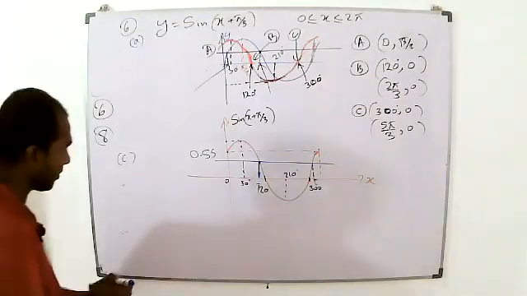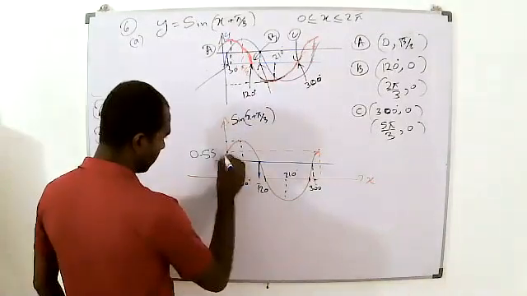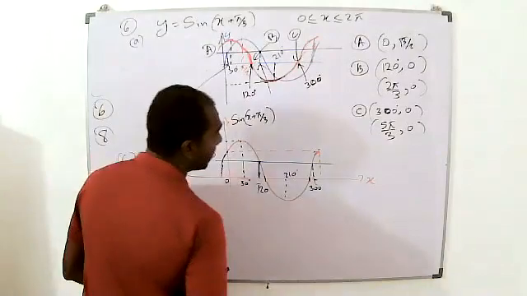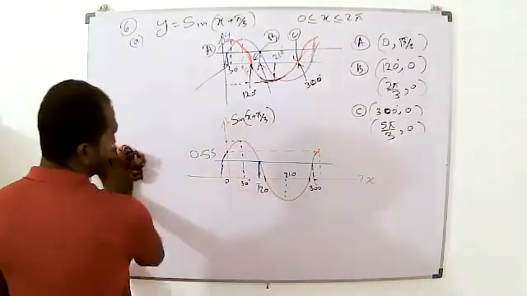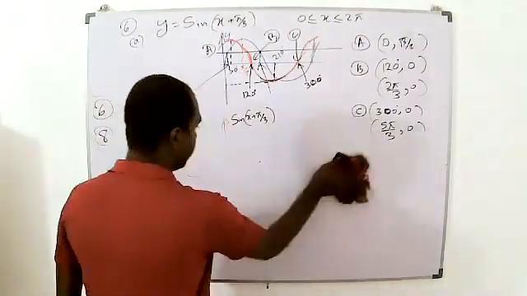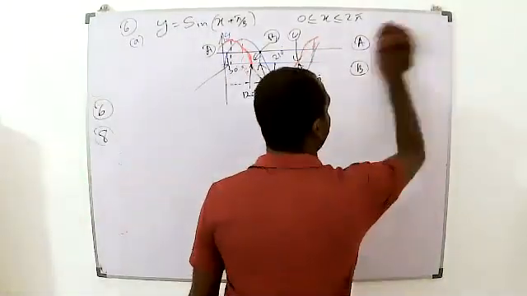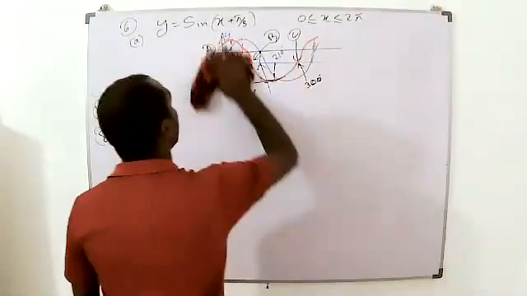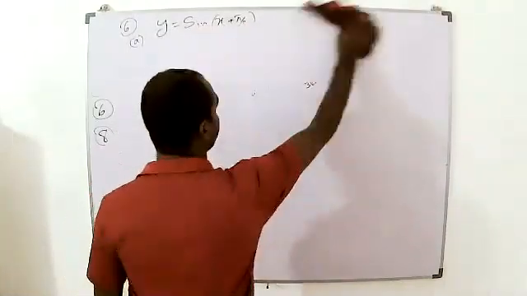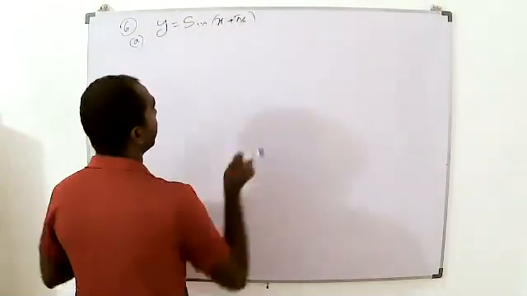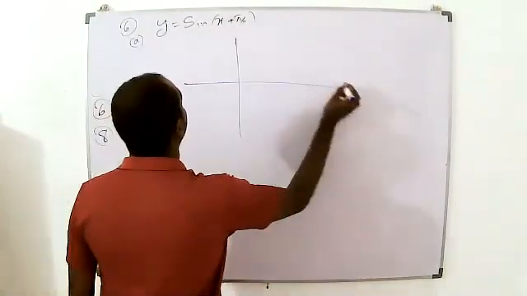Okay, never mind. For part C, just use the old method. Don't use the new curve. It's not going to help us.